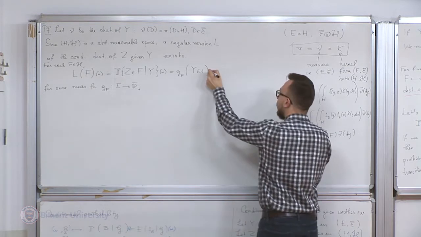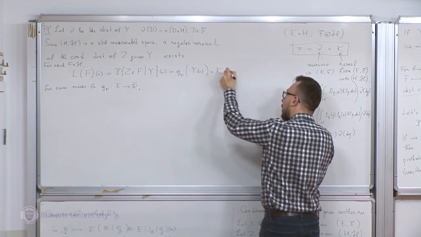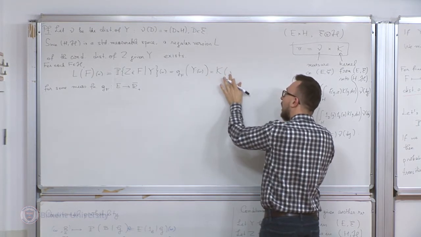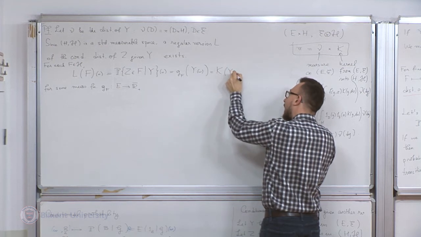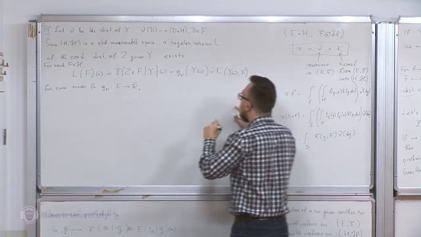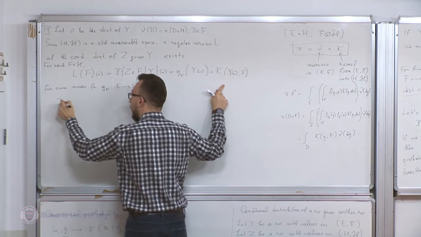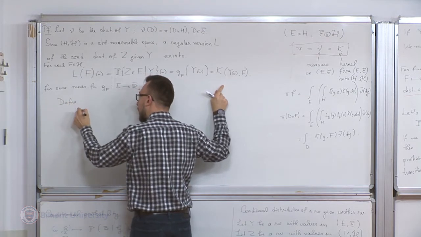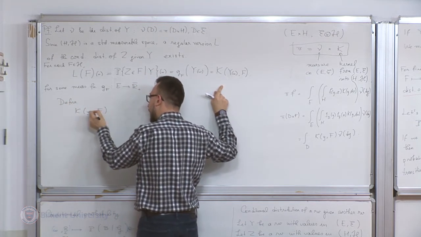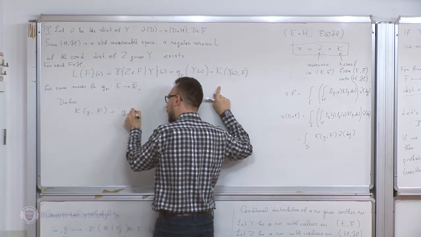Now let's try to see it as k(y, F). So define k(y, F) as g_F(y).